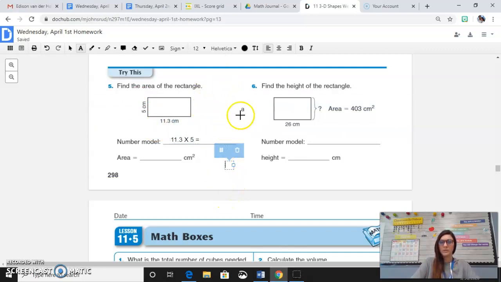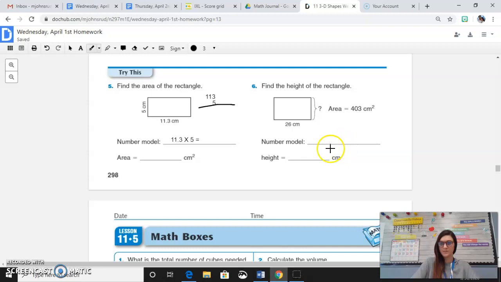Up here, what I want you to write out is 11.3, but you're going to just forget about the decimal for a second. And then you're going to do 113 times 5. Draw your line here. Figure out what that is, your answer, and then you're going to add your decimal 1 spot to the left of your answer when you're done figuring out what that is.